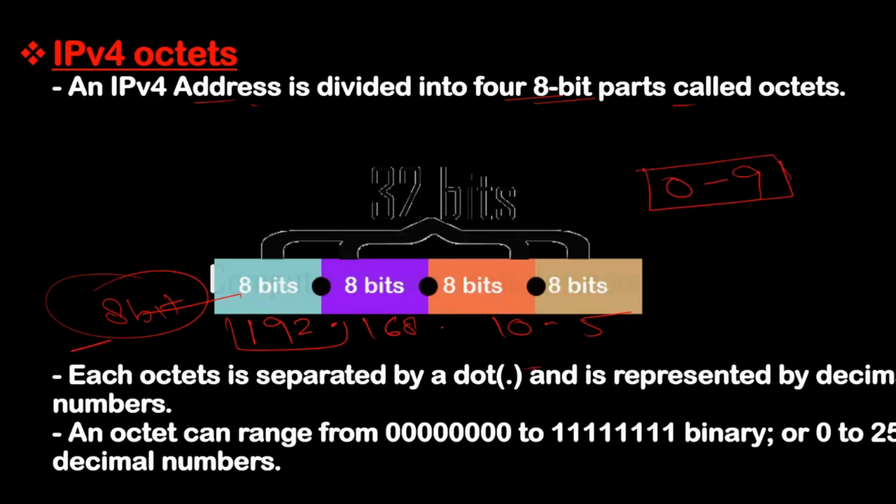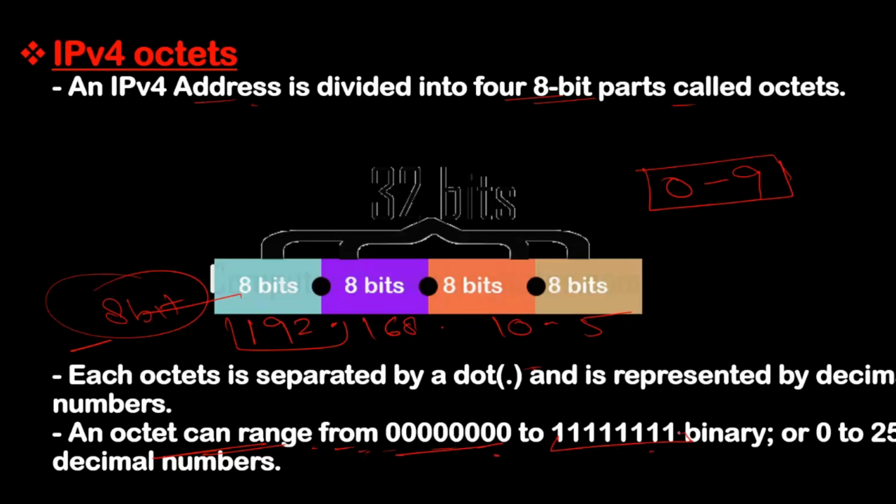As we discussed, here we have 8 bit. Bit means a binary digit. It can be 0 and it can be 1 also. So in an octet, the minimum value is 0 eight times, that is 00000000, and the maximum is 1 eight times, that is 11111111.